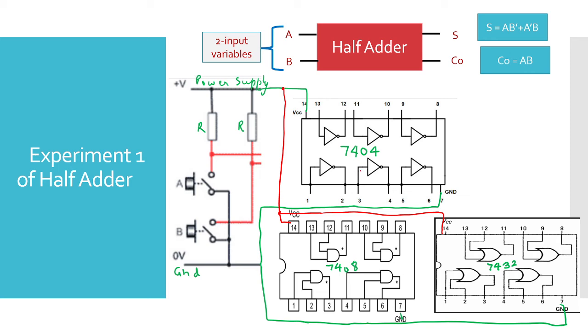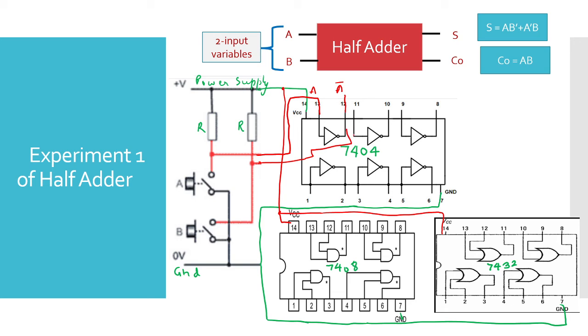Second, now you need to make the connections. As you know, you need A and its complement. For A complement I will use one inverter. Let's say this is the inverter I am using here, so one inverter is required. Here I am giving A, and at this output you will get A complement. B you connect with another inverter.